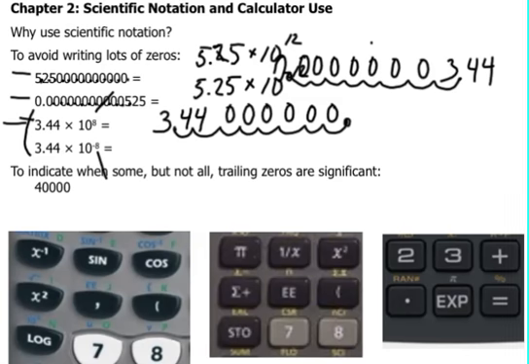All right, now the other reason that you use scientific notation is to indicate when some, but not all, of the trailing zeros are significant. So let's say we have this number which is 40,000 right here, but only some of these zeros are significant.